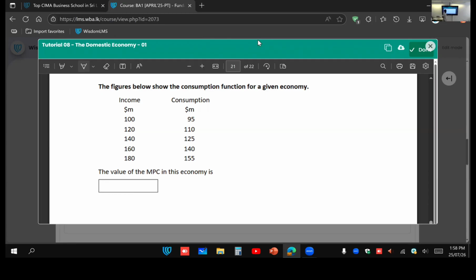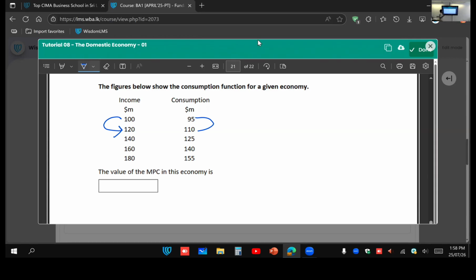So MPC, you can calculate it as percentage change in consumption divided by percentage change in income, right? Here you can see income moves from 100 to 120, and consumption went from 95 to 110.